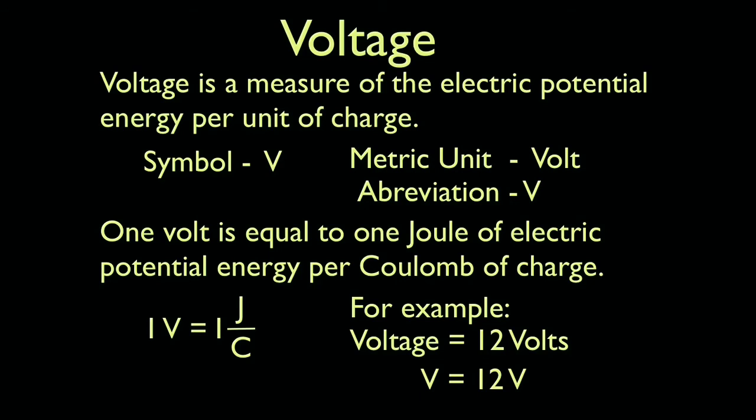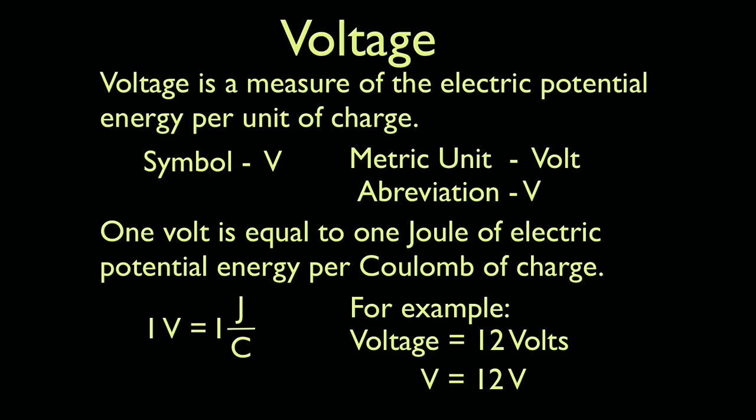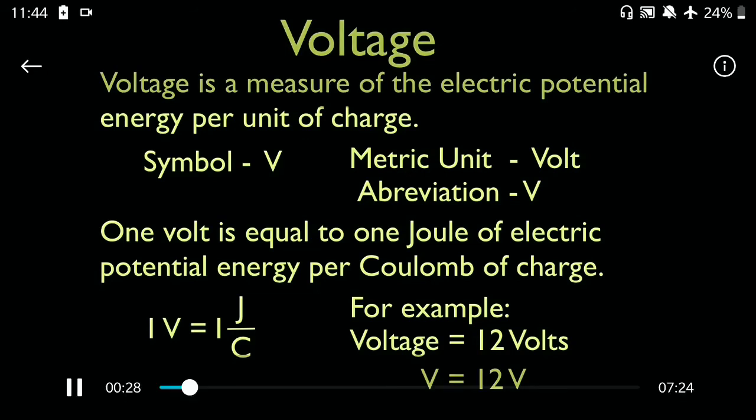It is generally represented by symbol V. The metric unit is volt, and it is abbreviated with the letter V. 1 volt is equal to 1 joule of electric potential energy per coulomb of charge. So 1 volt is equal to 1 joule divided by 1 coulomb. For example, if the voltage is 12 volts, we can say that V is equal to 12 volts.